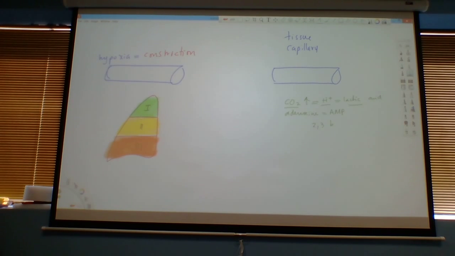Adenosine is a strong vasodilator. Hydrogen ion is a strong vasodilator. And there's one more thing, known as nitric oxide. Nitric oxide is a strong vasodilator, which is a product of metabolism. In lungs, it's not so much.